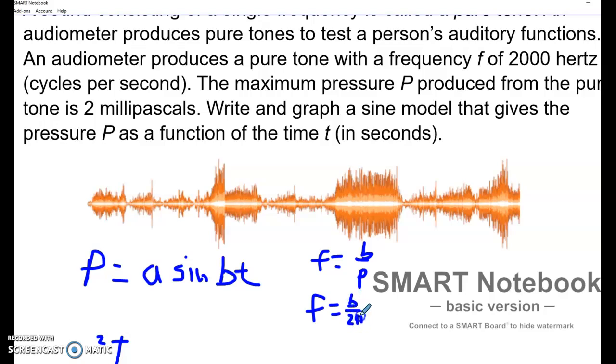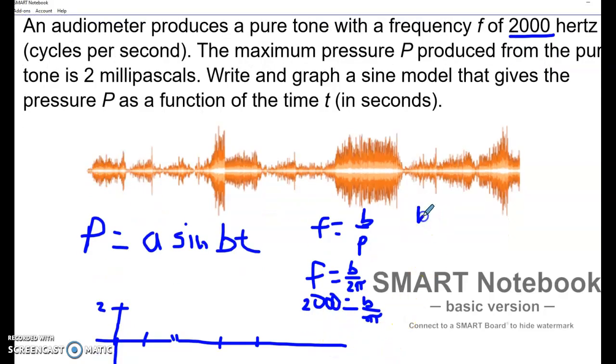Now we're also told in the problem that the frequency is 2,000 hertz. So I can substitute 2,000 for the frequency, and I get 2,000 equals B over 2 pi. And then multiplying both sides by 2 pi, I found out that B is equal to 4,000 pi.